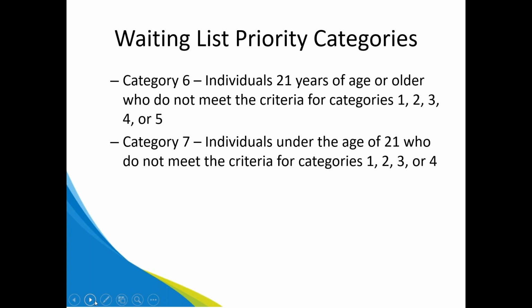Category 6 are individuals 21 years of age or older who do not meet the criteria for categories 1, 2, 3, 4, or 5. And category 7 are individuals under the age of 21 who do not meet the criteria for categories 1, 2, 3, or 4.